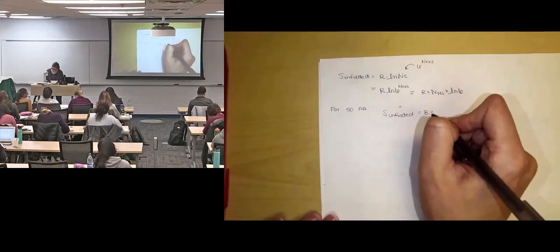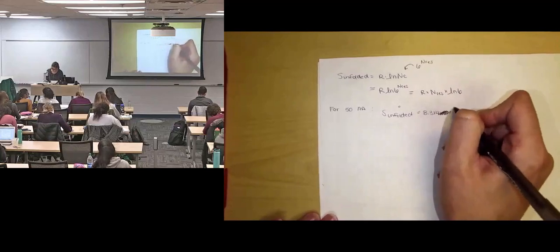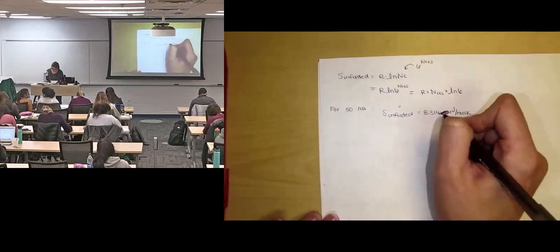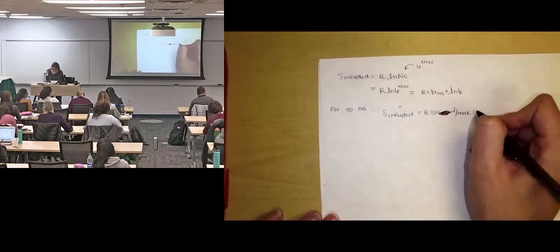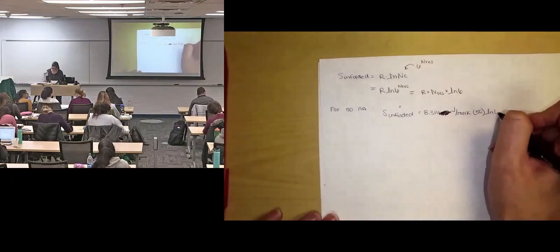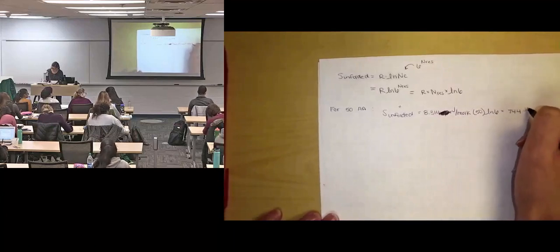This would be equal to 8.314 joules per mole Kelvin, that's the Boltzmann constant, times 50 times the natural log of 6. You should get 744 joules per mole Kelvin.